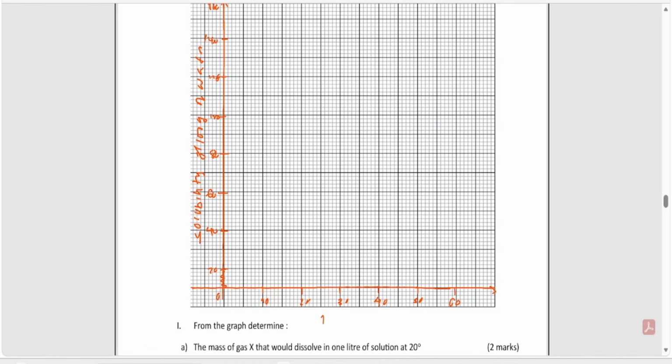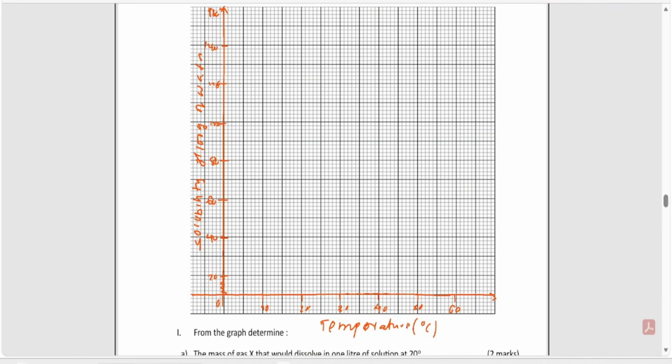This is temperature, degrees Celsius. So I start plotting my graph.